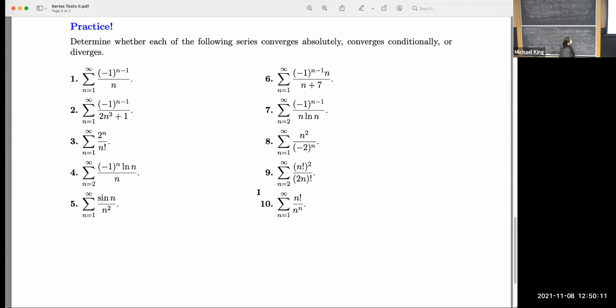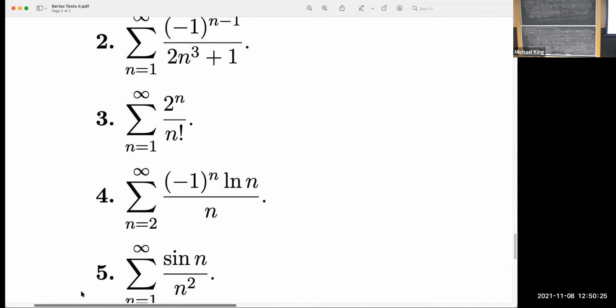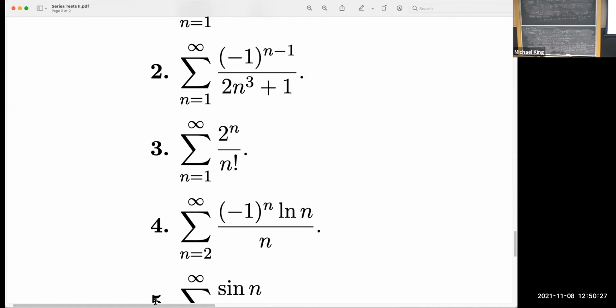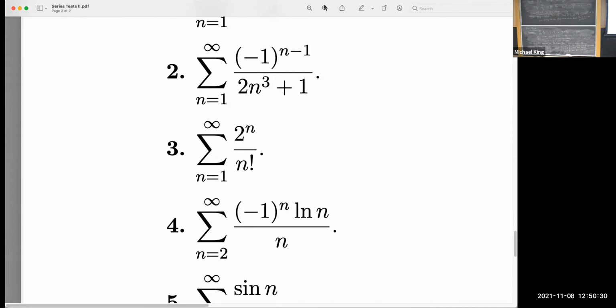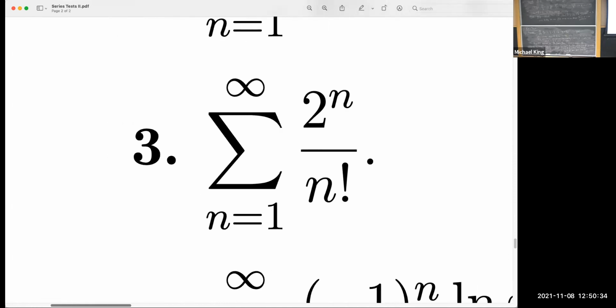Number 3. Try the ratio test like we did in that example up there.